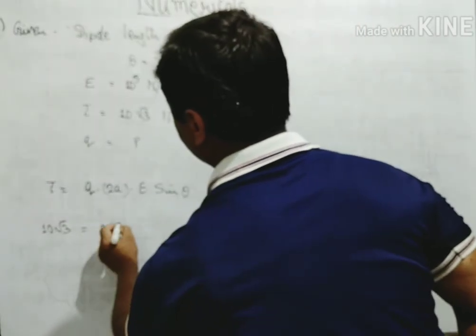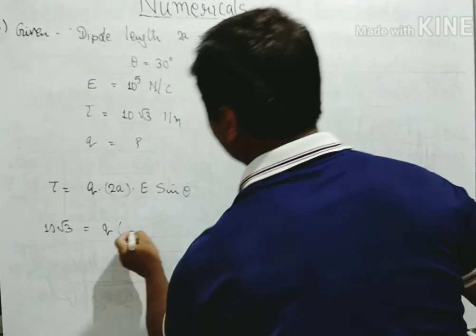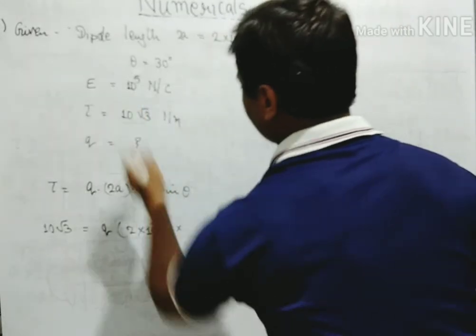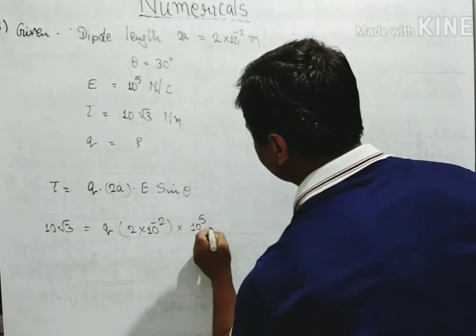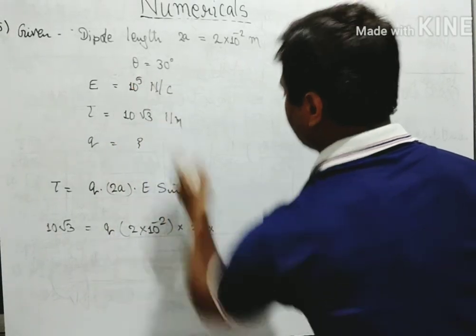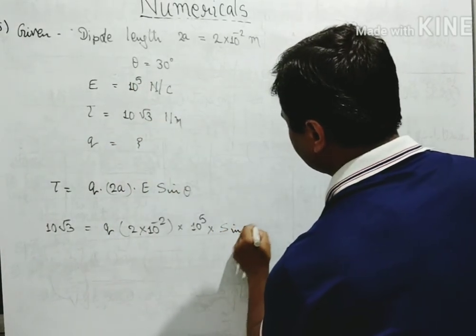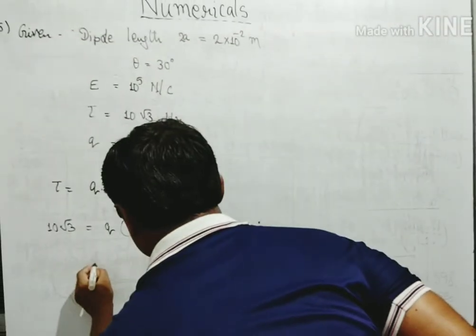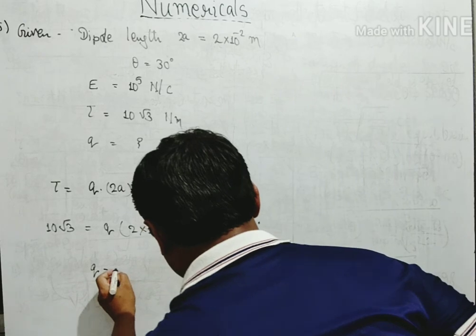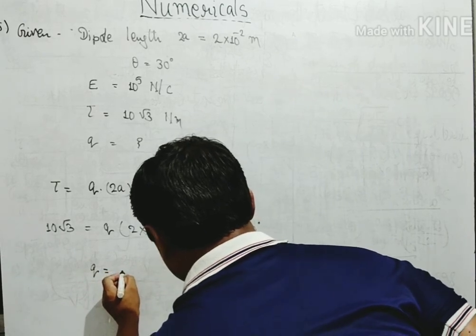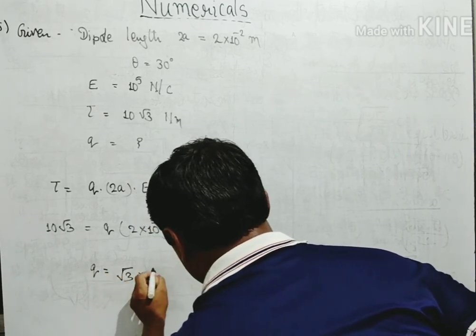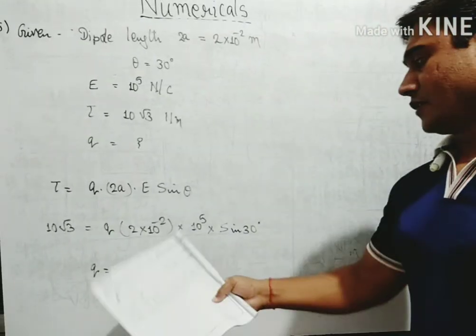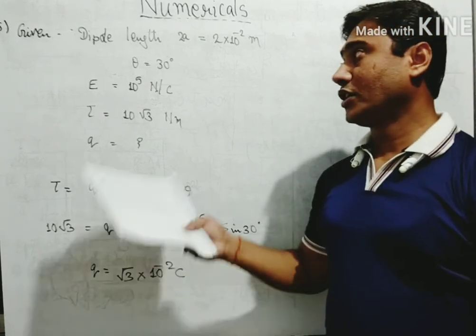Q is to be calculated, for 2a dipole length 2 into 10 power minus 2, E value is 10 power 5, and sin 30, sin 30 is half. So when you solve this, student, you'll get the value of Q to be root 3 into 10 power minus 2 coulomb. So this is the value of charge on the dipole.